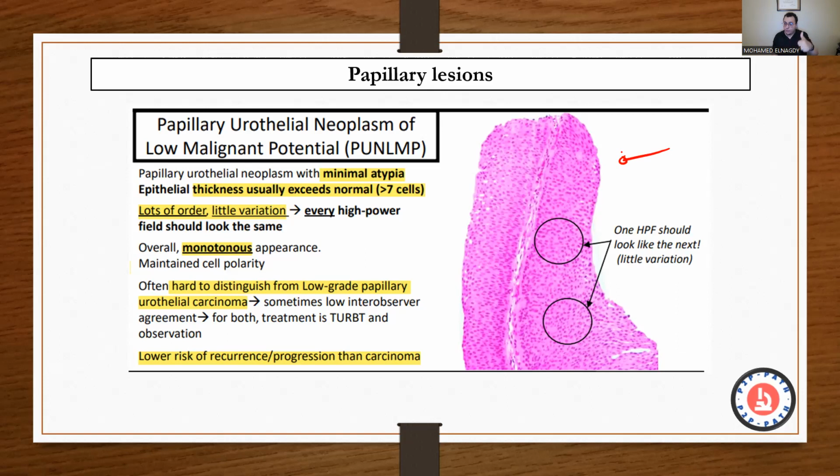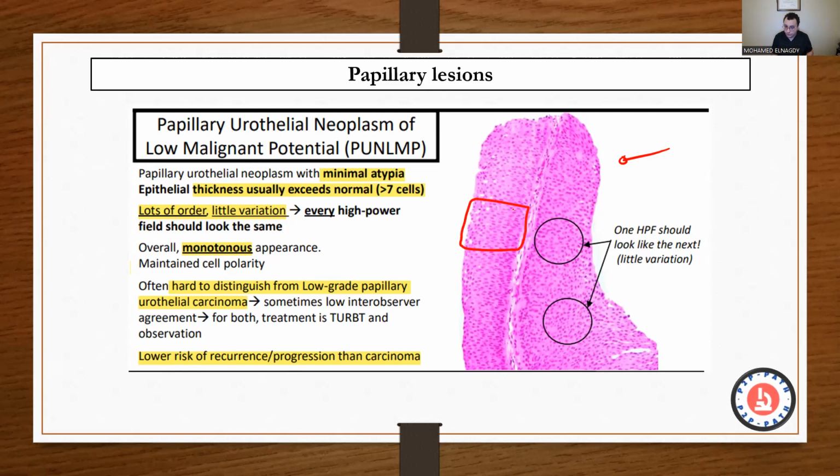So what's the next step? The order, is it organized or disorganized? And the cytology. Let's look at the order. Here it's more organized. See, the layers are streaming over each other and it's still organized. This is in terms of order or organization.